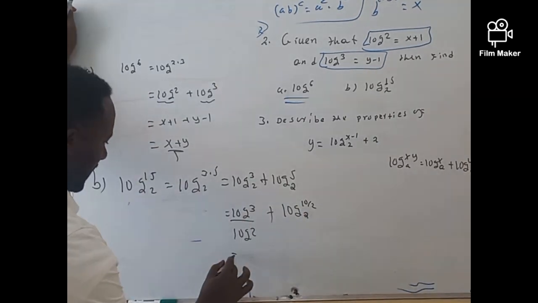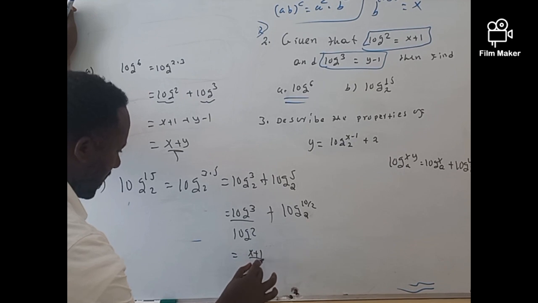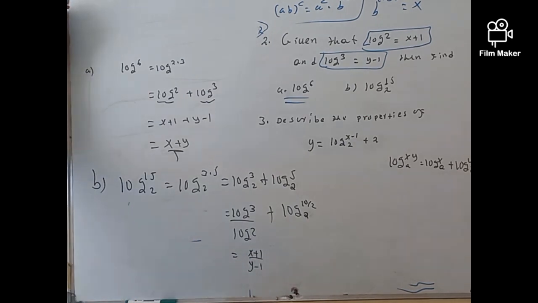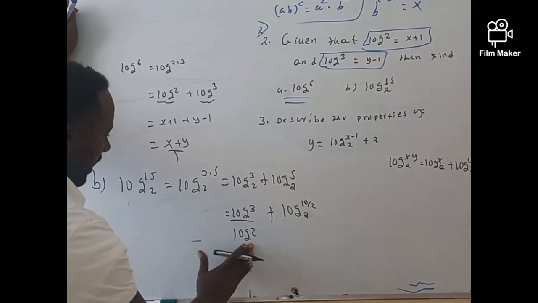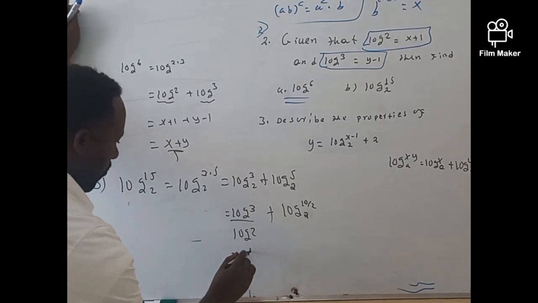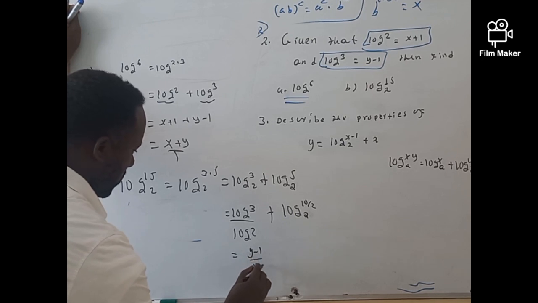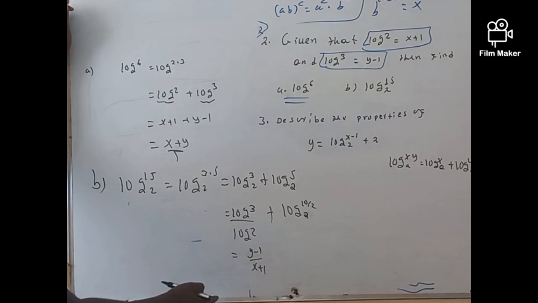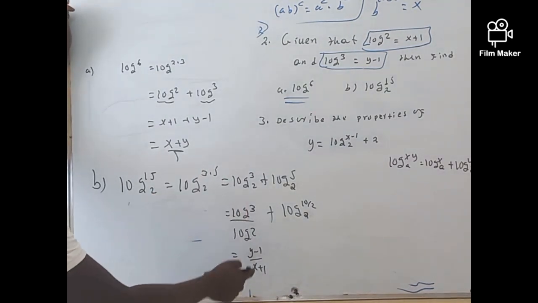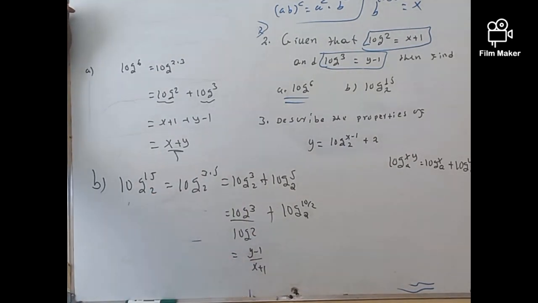So this is exactly x plus 1 over y minus 1. Because log 3 means this one and log 2 means x plus 1, in place of this I have plugged in this one, and we can have this.